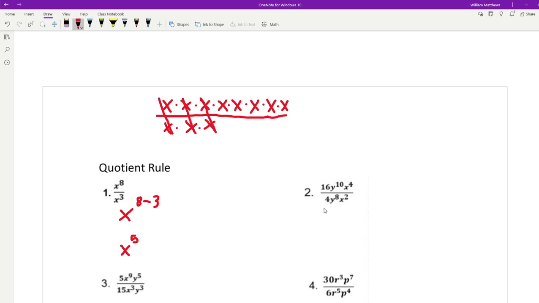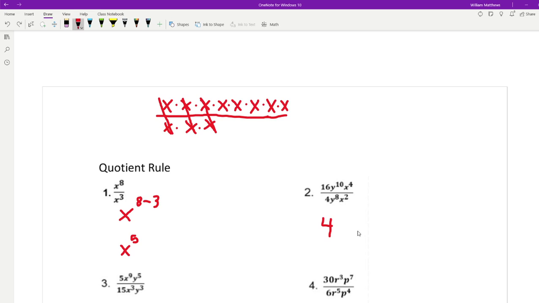When we have coefficients, it still follows the same rule. We can divide 16 by 4. This would give us 4. Y to the power of 10 divided by y to the power of 8. Those are like bases, so we subtract 8 from 10. Oops. Forgot to write my base.